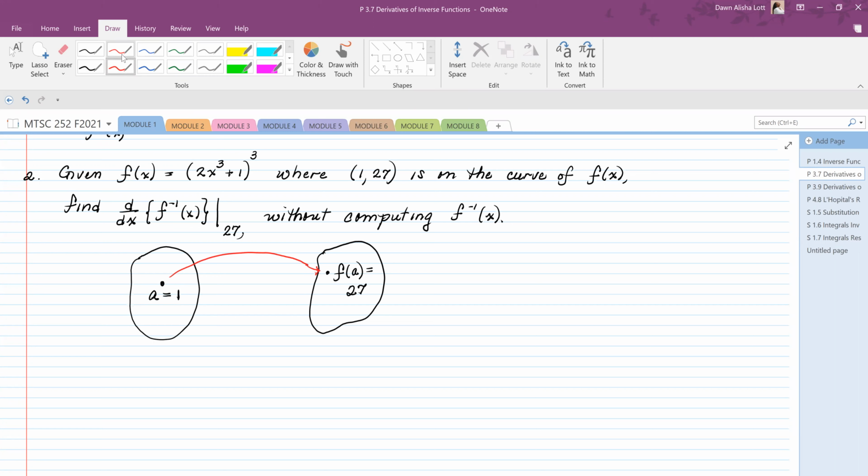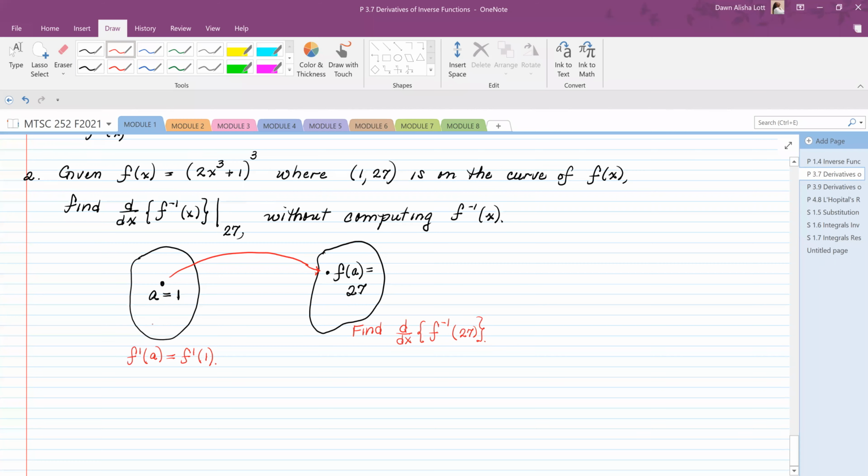And I can find f prime of a, which is f prime of 1. But what I'm asking you is to find the derivative with respect to x of the inverse function at 27.